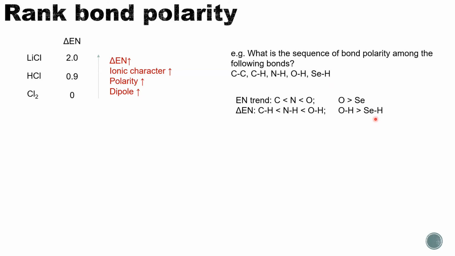So without even looking at the actual numbers, we can line up this trend. But in order to compare all five bonds, we do need the electronegativity values, especially for selenium-hydrogen, to see where it fits with the CH bond and NH bond.